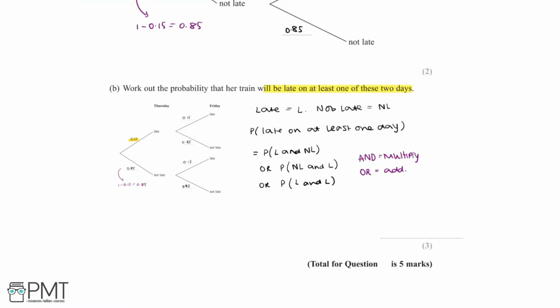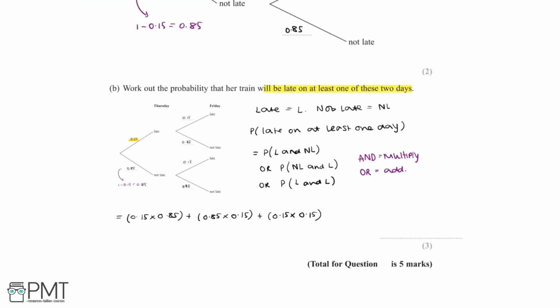And now since the probability that the train will be late on at least one of these 2 days is the first scenario, or the second scenario, or the third scenario, we can add the probabilities of these individual scenarios together. And so we have 0.15 multiplied by 0.85, add 0.85 multiplied by 0.15, add 0.15 multiplied by 0.15.